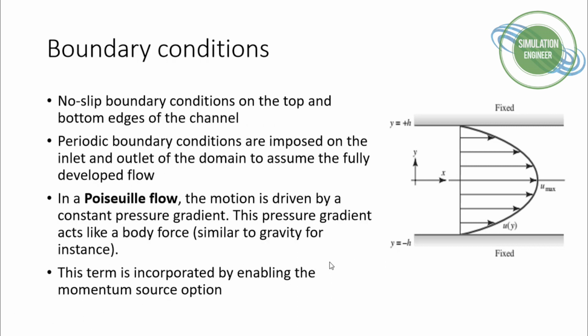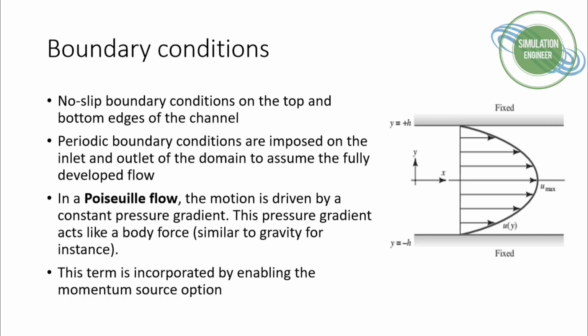For the boundary conditions, as already mentioned, I'll be applying a no slip boundary condition on the upper and the bottom walls, or the edges of the channel. And since we are assuming it's a fully developed flow, I'll be imposing periodic boundary conditions on the extremes of the domain, the inlets and the outlets.